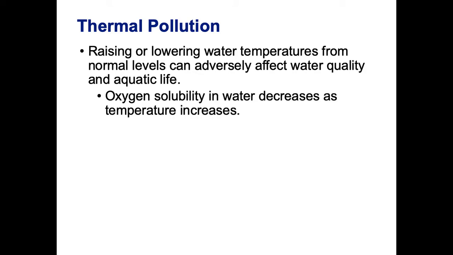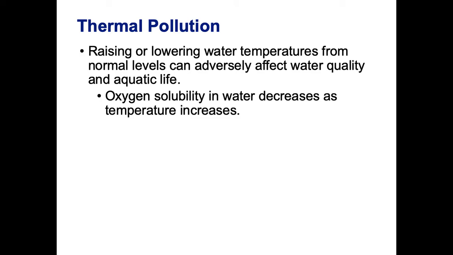Another important thing is that gases are dissolved in the water, and some of them are not super important, but some of them are really important. So one is oxygen, the oxygen we breathe. It's dissolved in water, and that's how fish and a bunch of other aquatic organisms get the oxygen they need to survive.